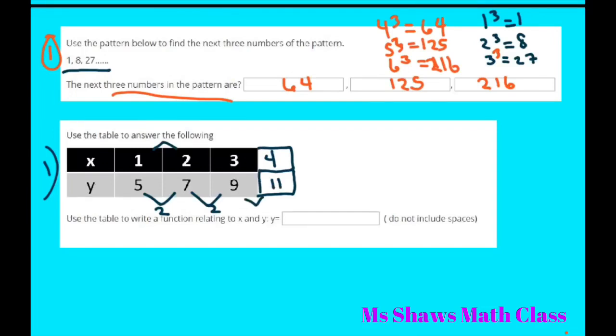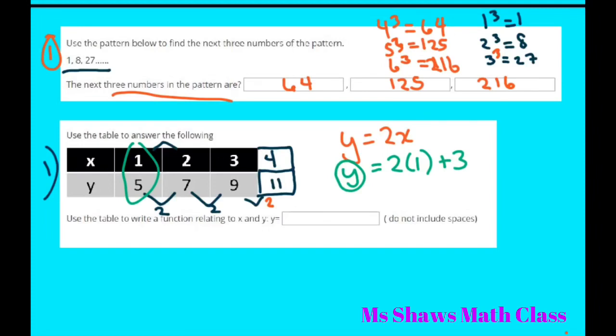Now we want to write a function to represent this. Since we're going by 2's, this is going to be something like y equals 2x. It means it's linear. Let's try the first one. We need to get a 5. If I write 5 equals 2 times 1, to make this y a 5, I'm going to have to add 3.